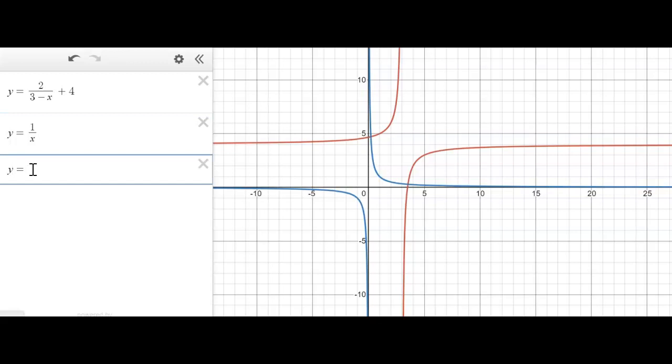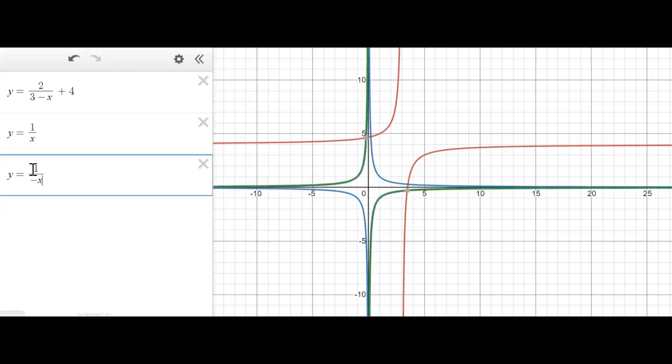Y equals 1 over negative x. All right, so if you think about that red graph being reflected first, it would end up on the other side of the y-axis.